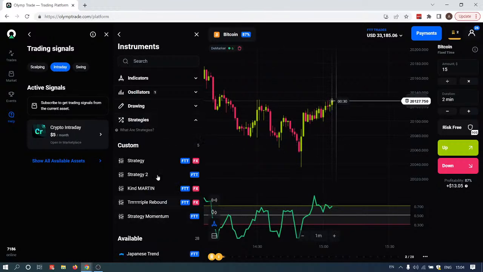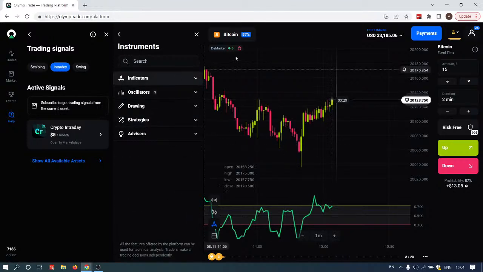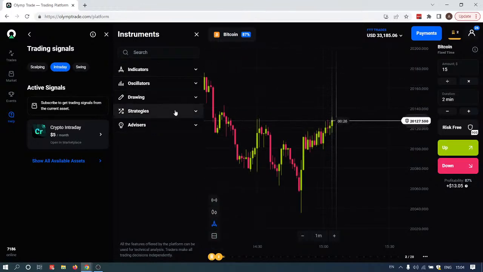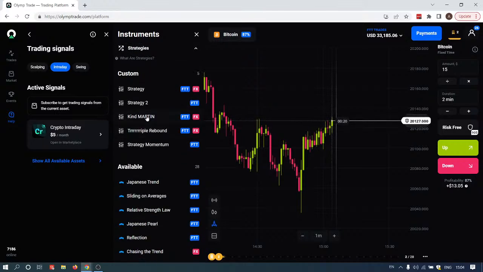So what's the most important tool here? All right, let's remove the DeMarker indicator from the chart, and let's click the strategies tab. As you can see, I have a number of my custom strategies. Also, I would like to notify you that this update on technical analysis will be coming to the mobile applications quite soon.